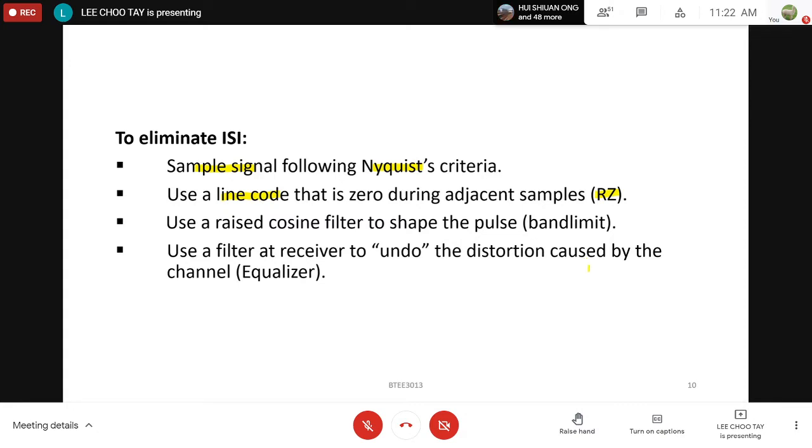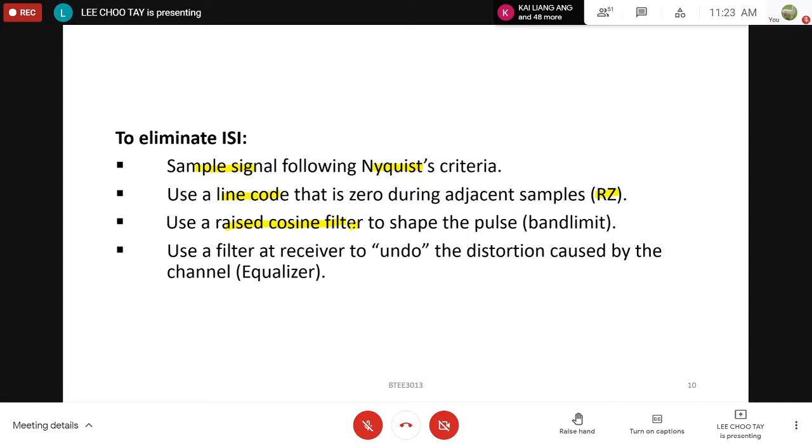The third condition is to use a raised cosine filter to shape the pulse, to band limit the pulse. Remember the raised cosine filter? It has a 0 amplitude at the next bit duration, where the response is highest for the current bit.